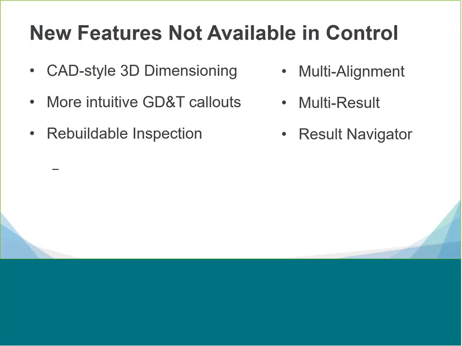So the new features that are not available in Control that are in Control X, and again, you're going to see all of these in more detail as Adam goes through the demo, but they're CAD-style 3D dimensioning, more intuitive GD&T callouts, rebuildable inspection, multi-alignment, multi-result, and result navigator, which all kind of combine together to offer a really great capability that you're able to go through and iterate on your inspections and check out different options very easily and repeat things very easily.